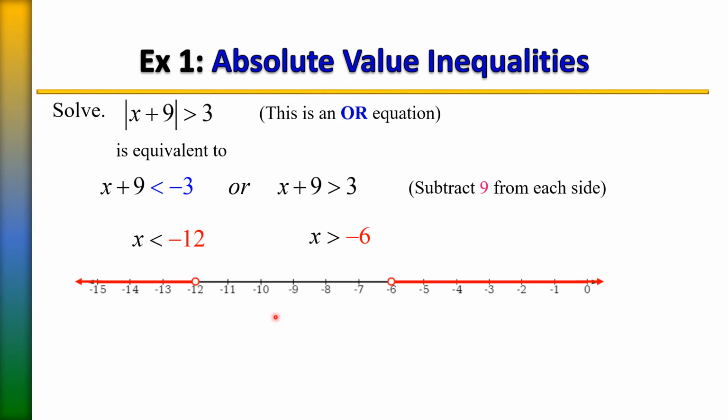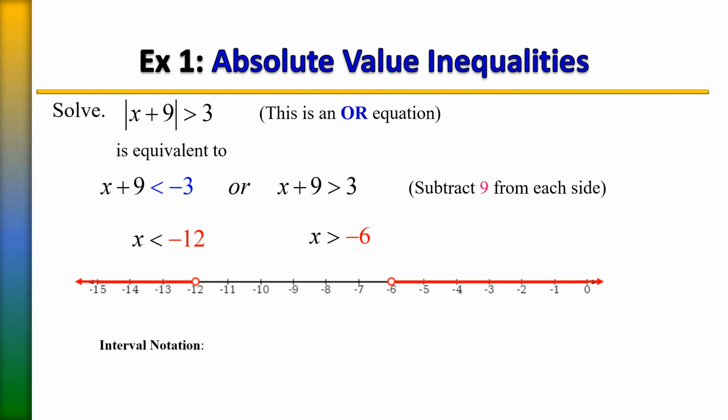Then use the union symbol, which is like a U. And then we come back to -6. Does it include -6? Nope. So let's use a parenthesis. -6, comma, all the way to positive infinity. And we always close infinities with a parenthesis.